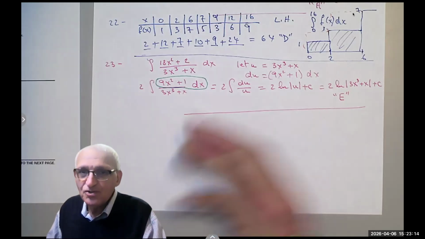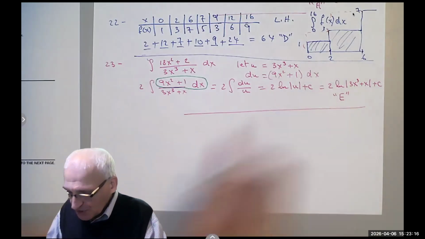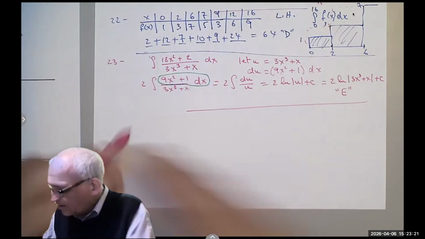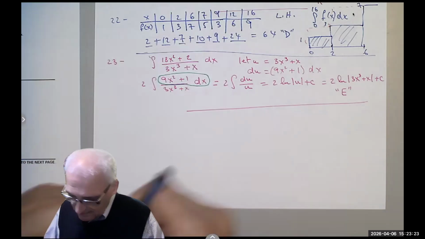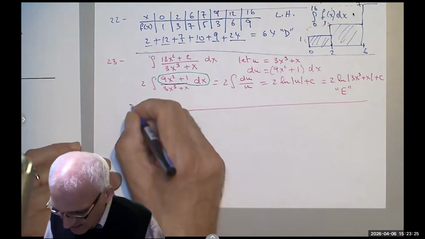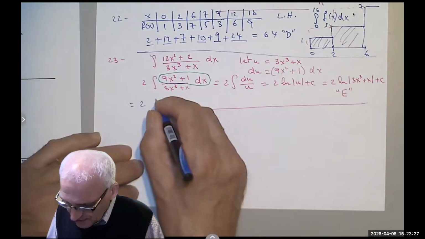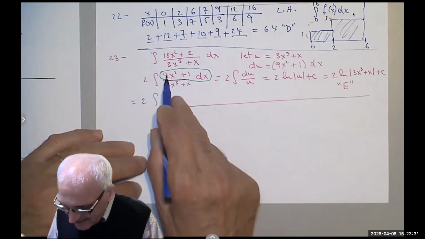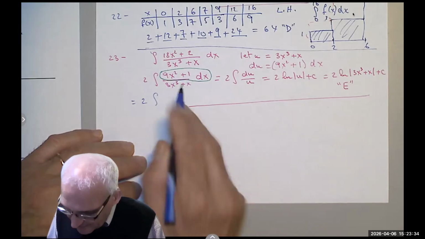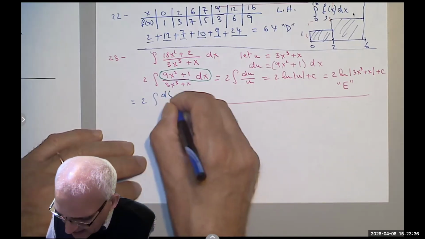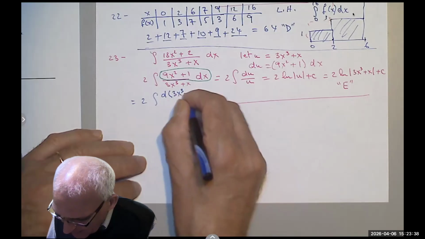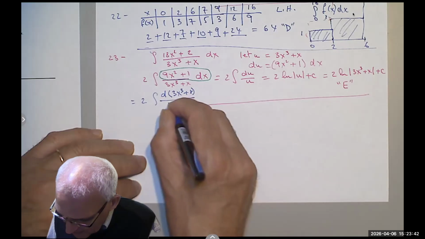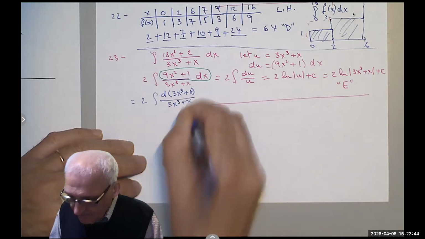As I said, I don't use substitution. When I take the 2 out and I get this guy, I can call that, and probably you would use that later when you become more confident, or some of you already know. This guy, 9x squared plus 1, is the derivative of that. So I can write it as d of (3x cubed plus x) over (3x cubed plus x).